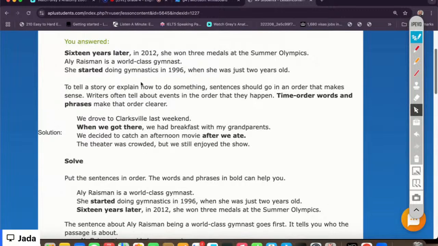So, to tell a story or explain how to do something, sentences should go in an order that makes sense. So, you have to put them in an order that makes sense.